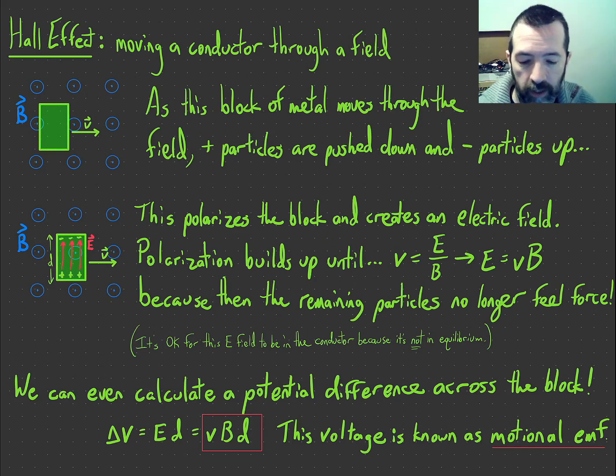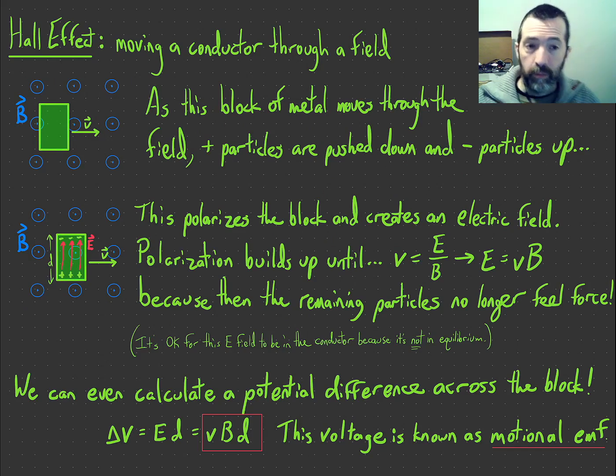And I'm just saying that the block is moving to the right with this speed v for some reason. We're just going to say it has a constant speed. We'll see some related ideas when we're studying electromagnetic induction in a couple of weeks. But for now, let's just say it has a speed v for reasons.